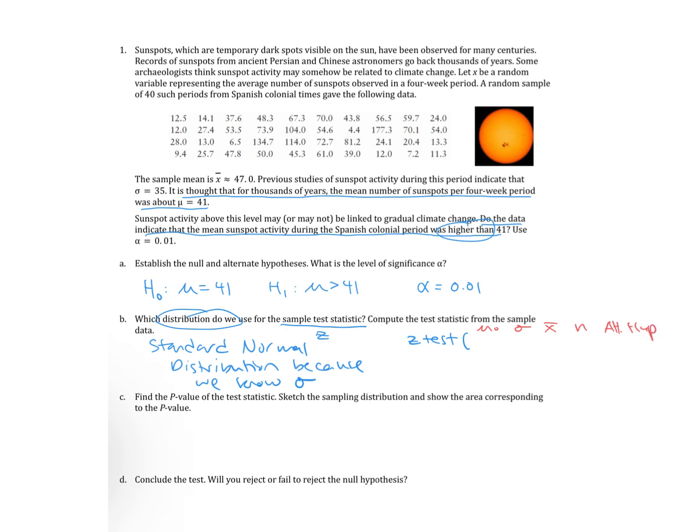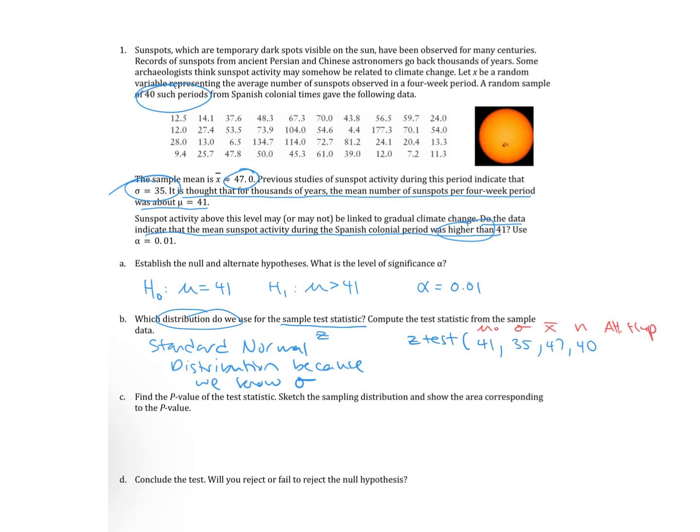So mu sub 0 is the mean from the null hypothesis, 41. Sigma is 35. X bar is 47. N, the number of data values in that study, 40 such periods, so n is 40.